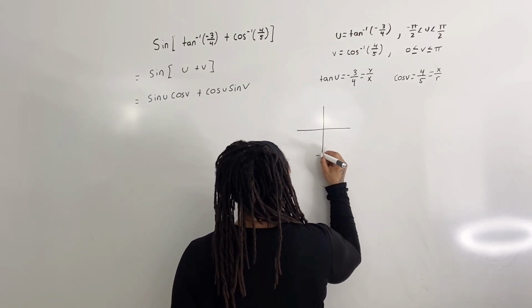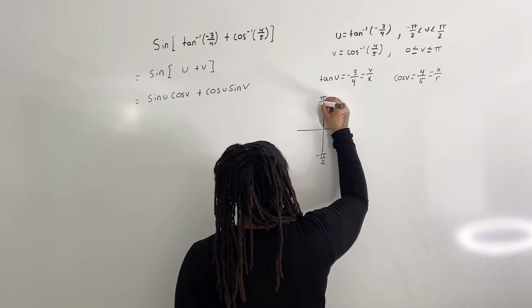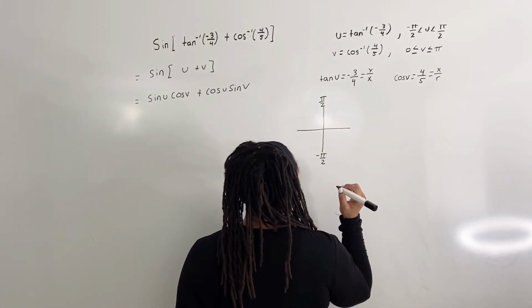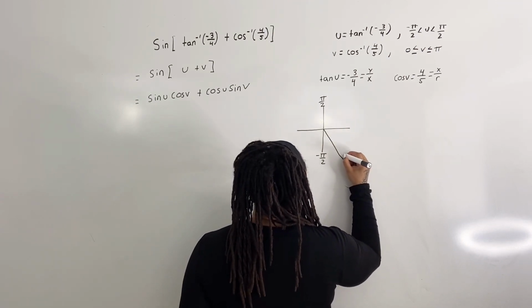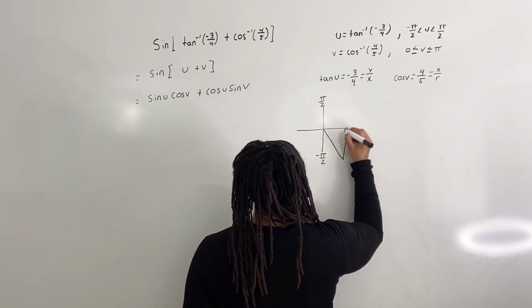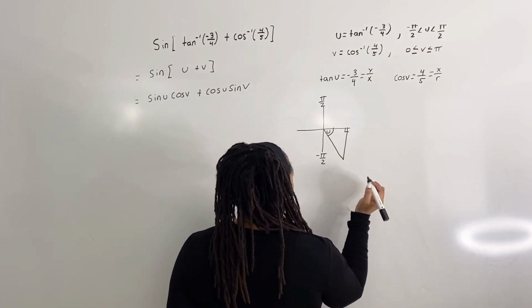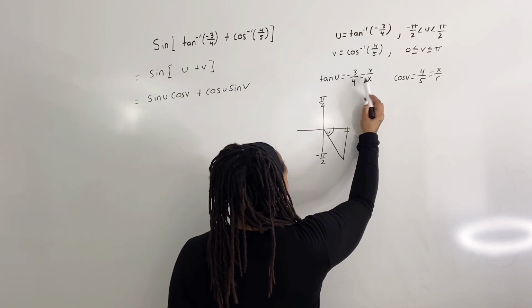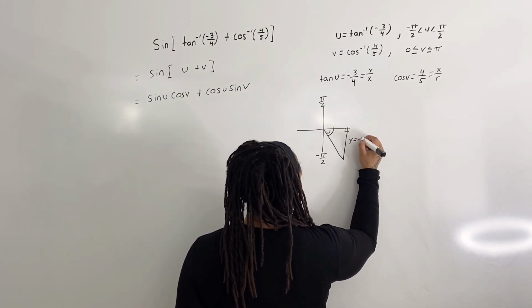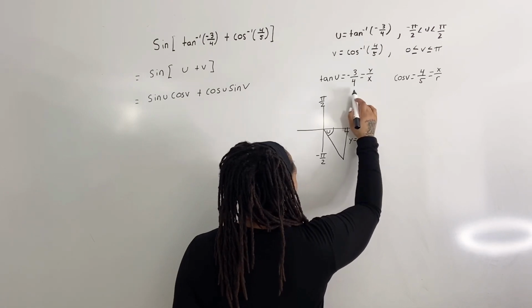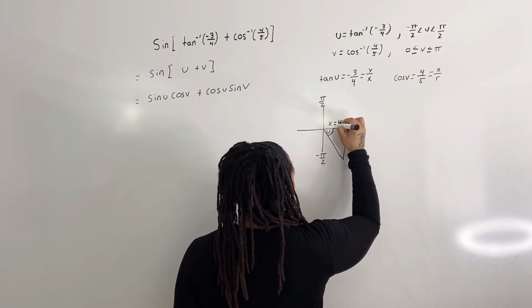So here's my angle u. And we see that my y value is -3, and my x value is 4.